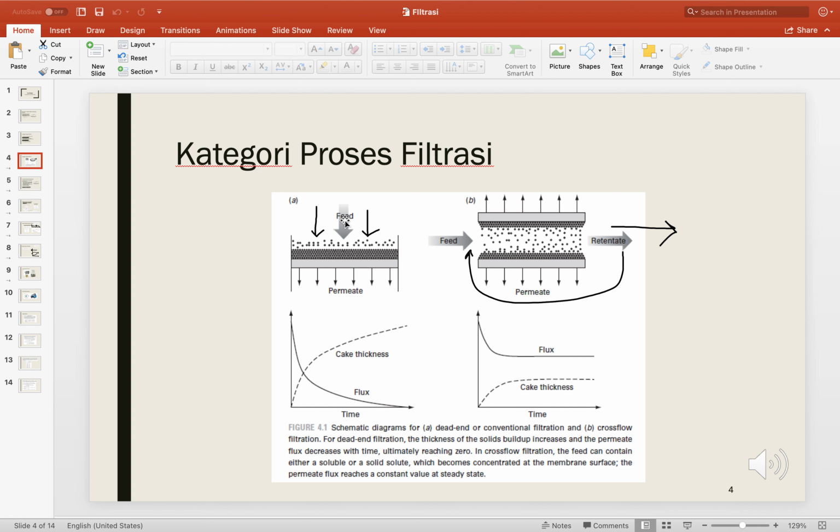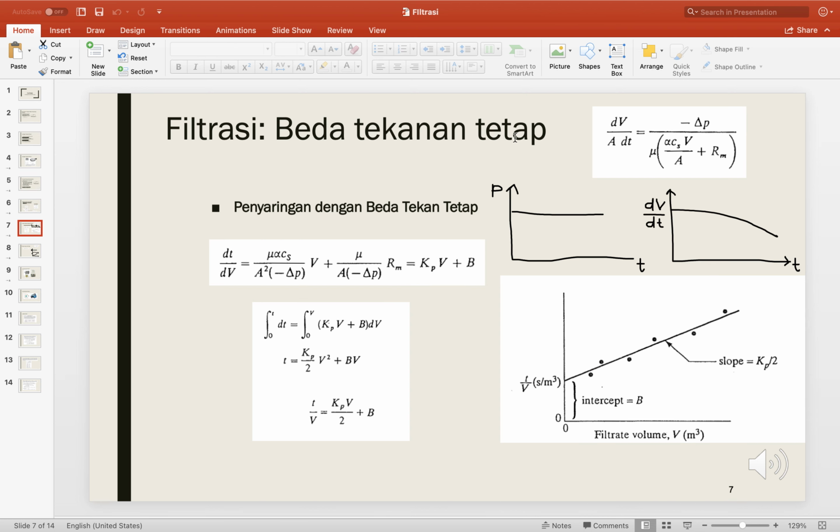Because the permeate or the filtrate is always at atmospheric pressure, the feed pressure should be slightly higher. You can put a higher pressure than atmospheric for the feed. That's what we call the driving force, the pressure difference. When we operate the filtration at constant pressure, it means that we keep the value of the feed pressure constant.